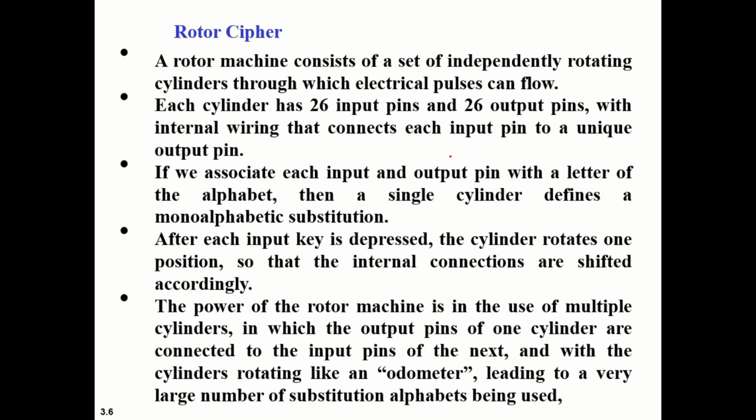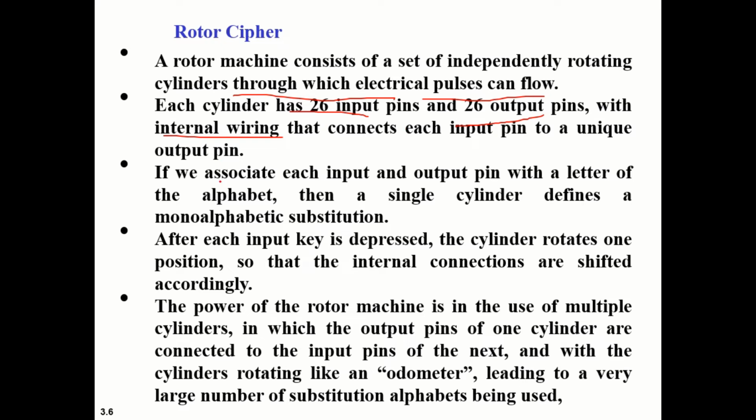So these are some points which I've just told you about rotor cipher. It consists of a set of independently rotating cylinders through which electrical pulses can flow. Each cylinder has 26 input pins and 26 output pins with internal wiring. Okay, the pins are connected to each other.